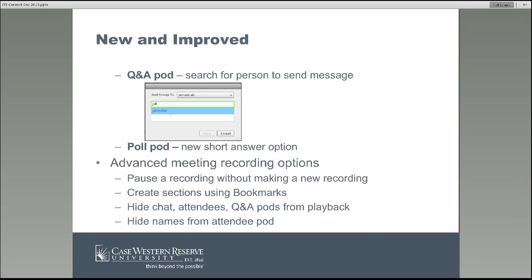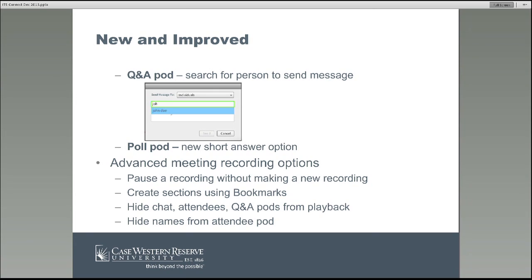In the Q&A pod, you can search for people to send messages to. I will pull out a Q&A pod here for you so that you can see it. So this is what the Q&A pod looks like. If you click on the little icon to the top right, and on all the pods, if you don't know this, on the top right there's little lines.